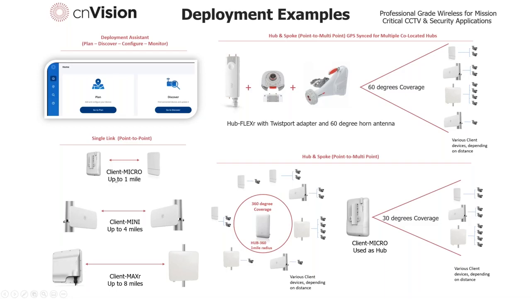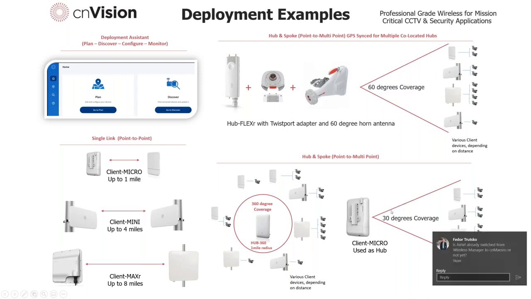There are 3 types of clients, a micro, mini, and a MaxR. They support different ranges. We believe that most CCTV deployments don't require very long range, and therefore 4 miles, 8 miles more than suffices. And then some of these, the micro and the mini, can also be configured as a hub and give you 30-degree coverage or 15-degree coverage, depending on what you need.